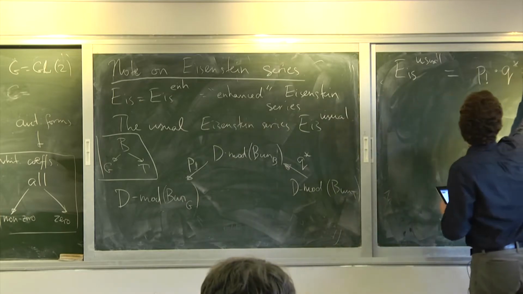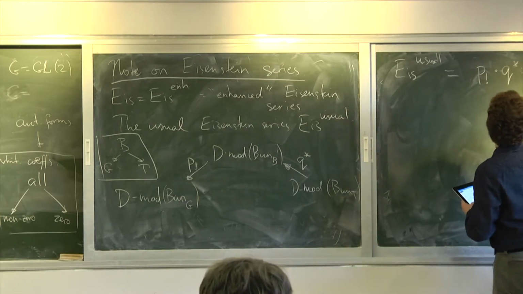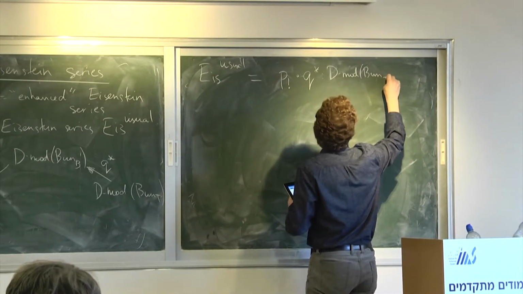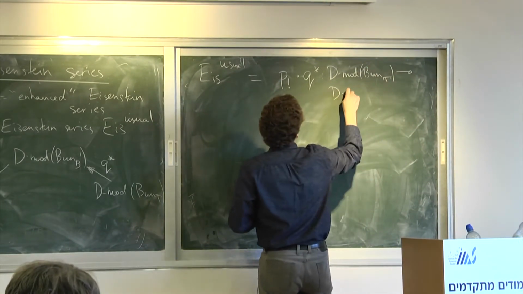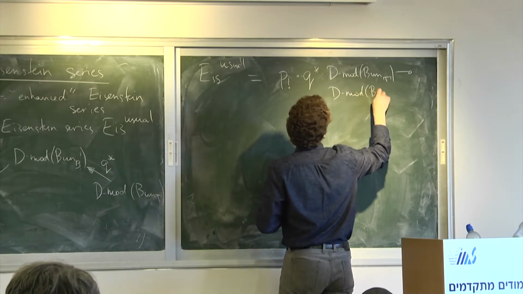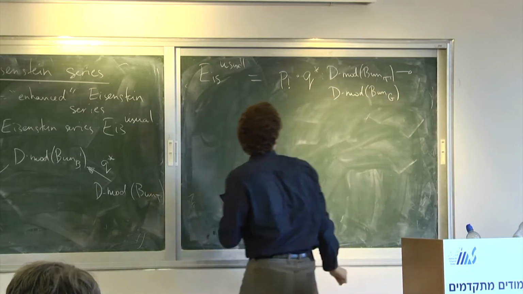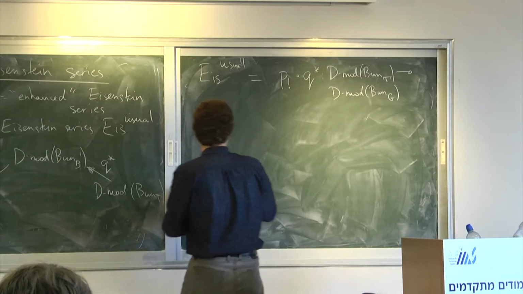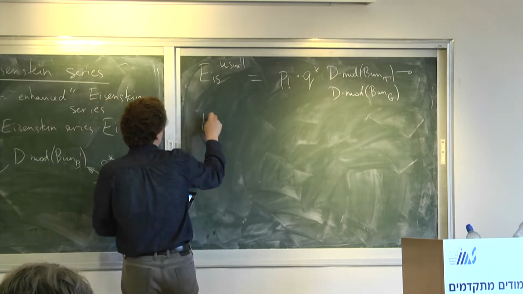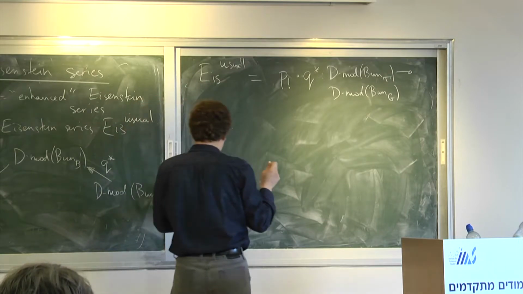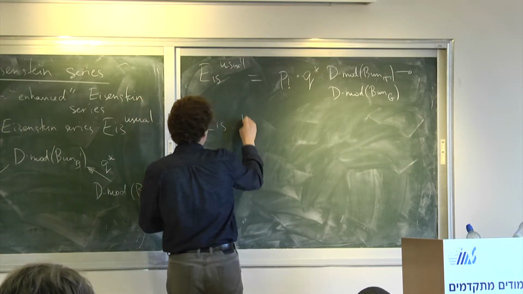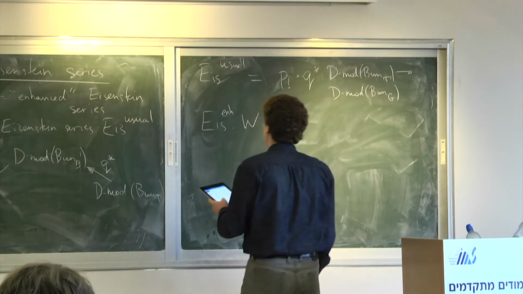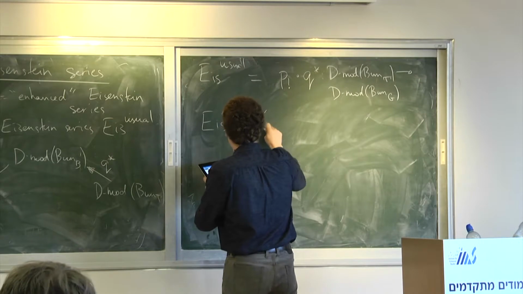this is a functor from D-modules on Bun_T to D-modules on Bun_G. And so roughly speaking, this, well, not this Eisenstein series, this enhanced Eisenstein series, but again, I will drop "enhanced" eventually.